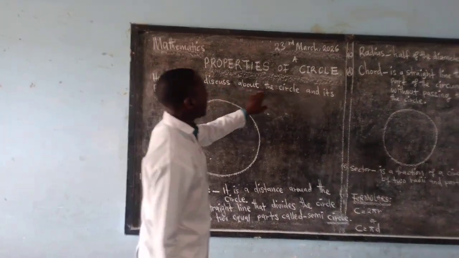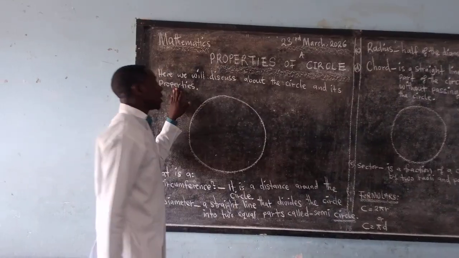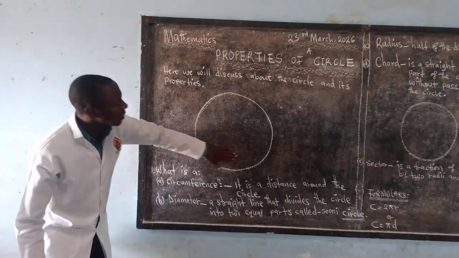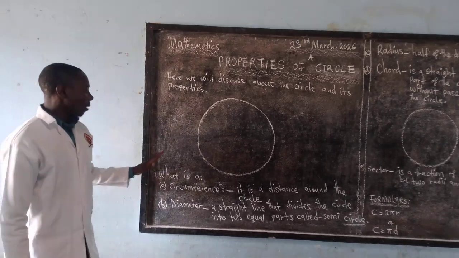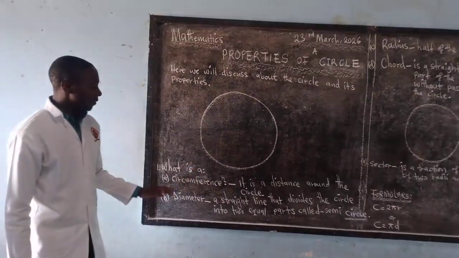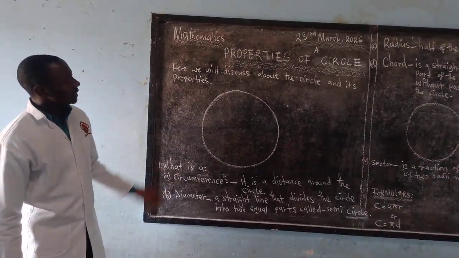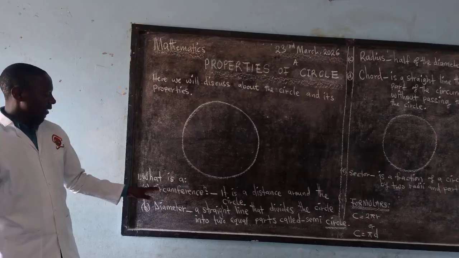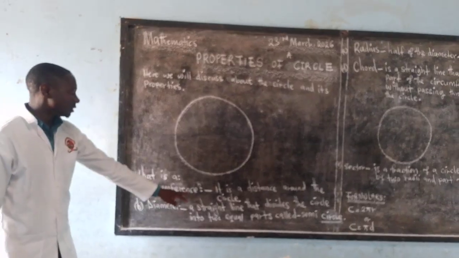Here we will discuss the circle and its properties. Before we come to the question of what a circumference is, a circle has a lot of properties. Property number one: a normal circle must have a circumference.